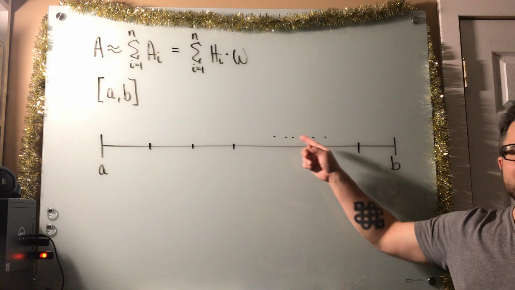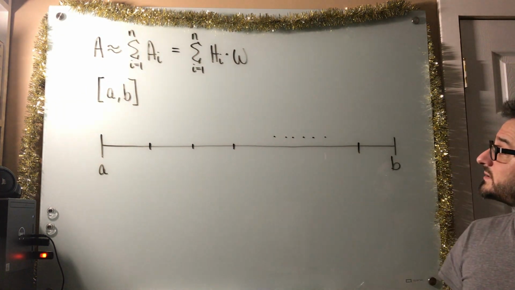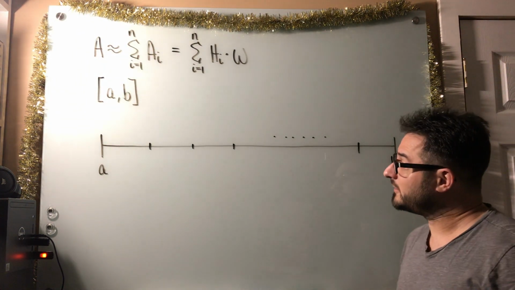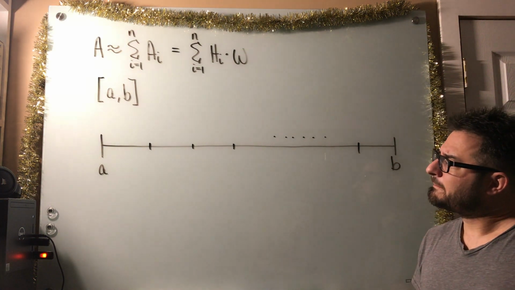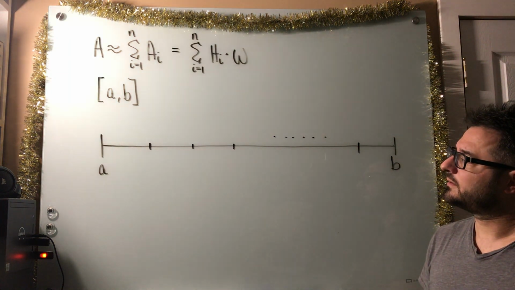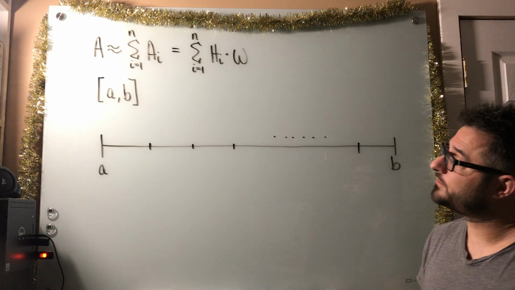Now, I use the dots because, well, there are any number of intervals in there, so I don't want to lock us into a very specific number at this time. Now, I'm going to do something else here. I'm going to label each of those tick marks in between, and I'm going to do it with an X that is subscripted.